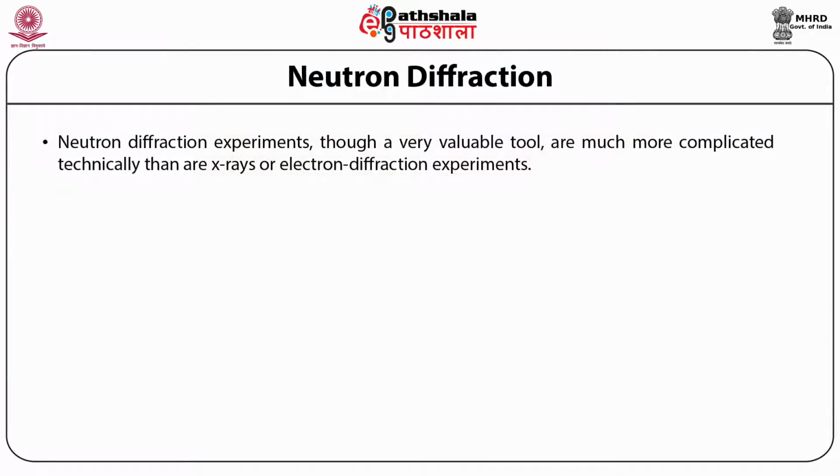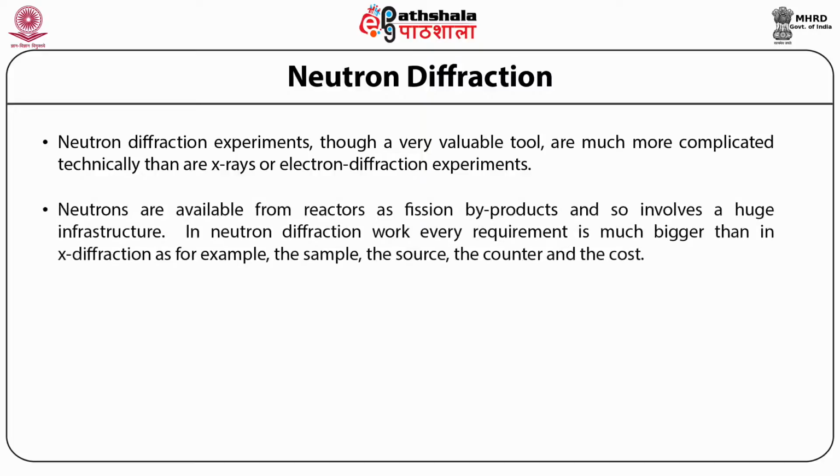Neutron diffraction experiments, though a very valuable tool, are much more complicated technically than X-ray or electron diffraction experiments. Neutrons are available from reactors as fission byproducts and so involve a huge infrastructure. In neutron diffraction work, every requirement is much bigger than in X-ray diffraction, as for example the sample, the source, the counter and the cost.